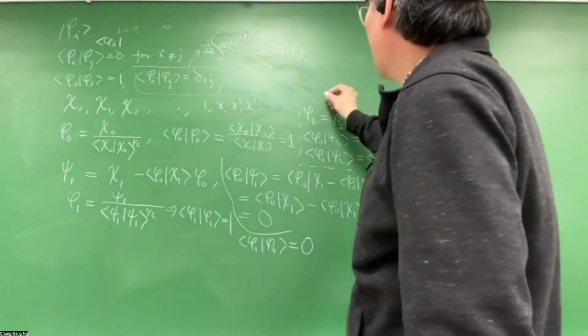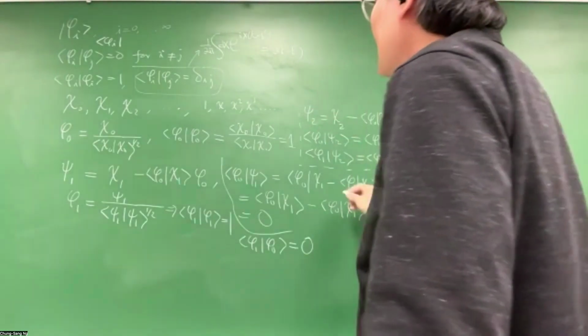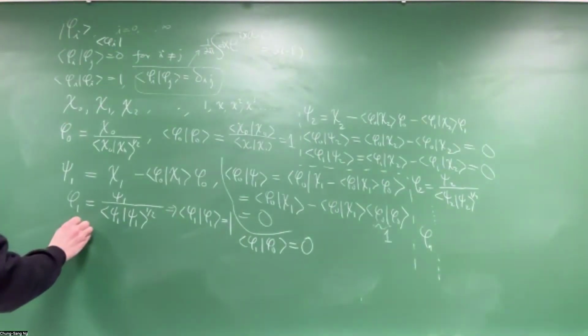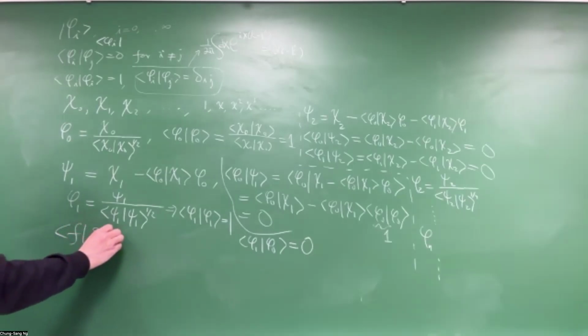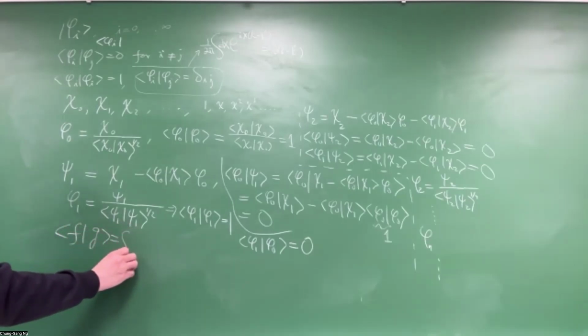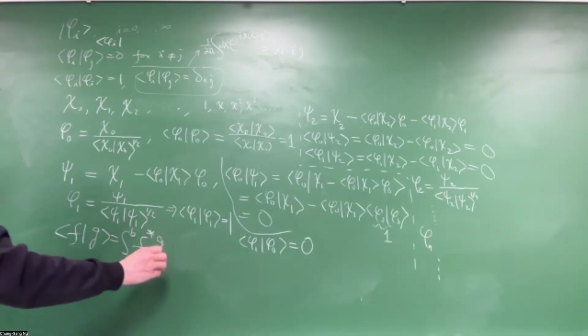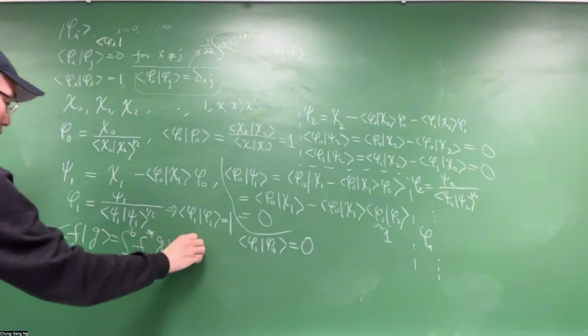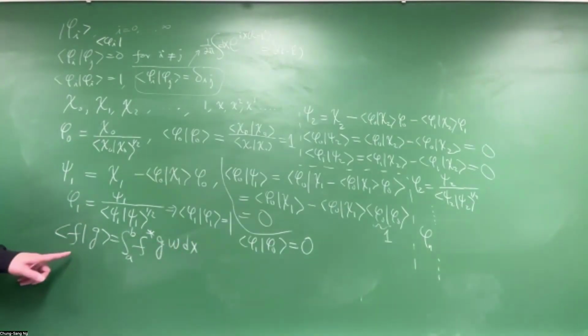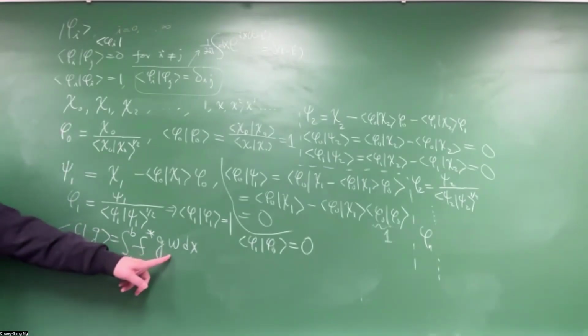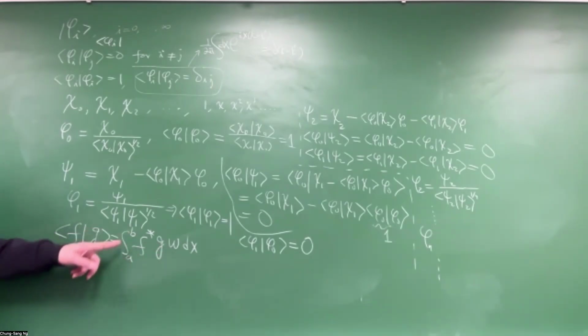Remember the scalar product we defined: f and g is the integral from a to b of the conjugate of f, times g, and W, the weight function. So you can define different scalar products by choosing different weight W or changing the limits a and b.